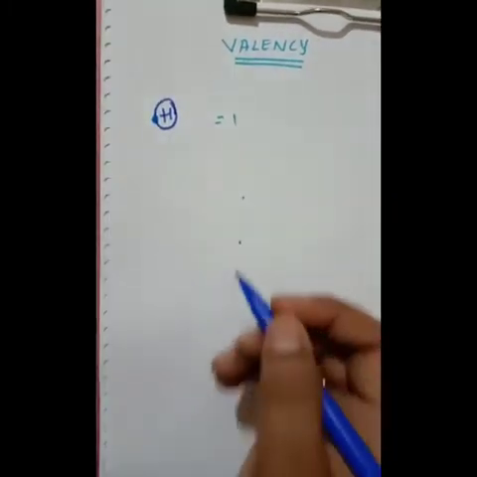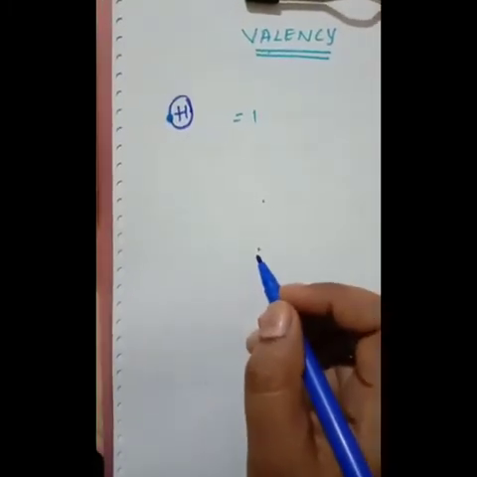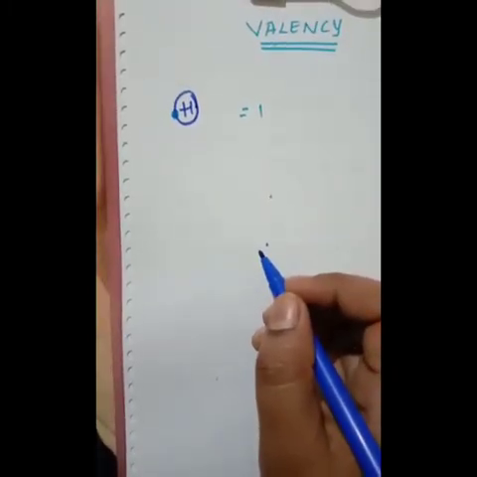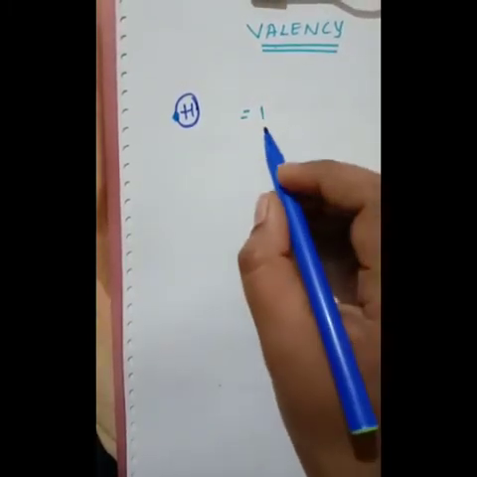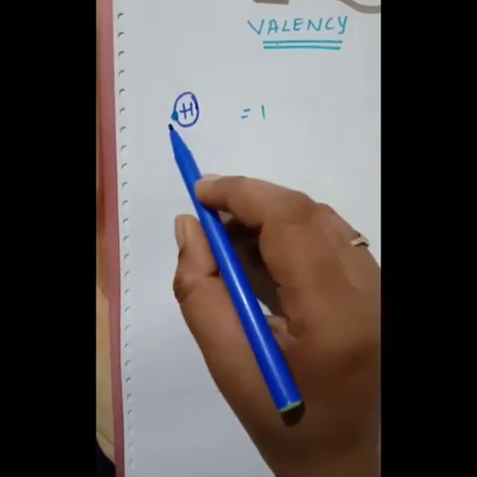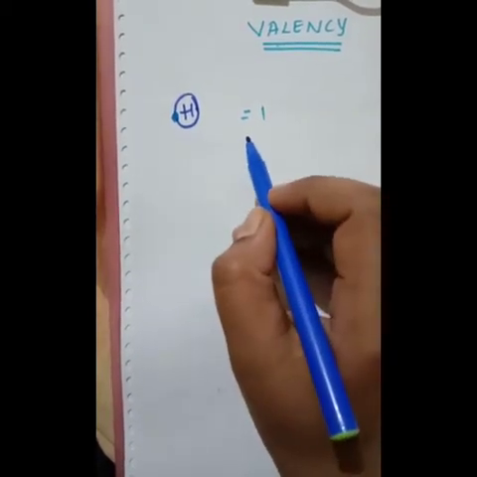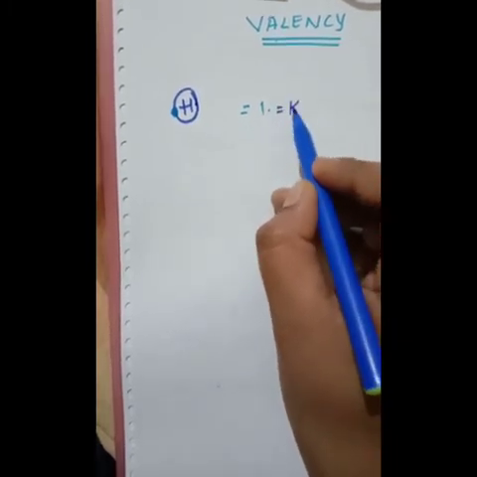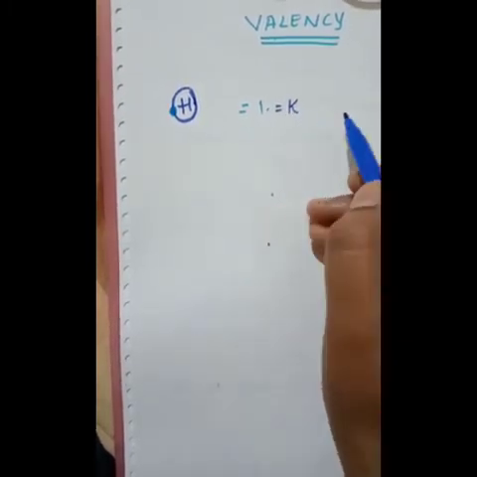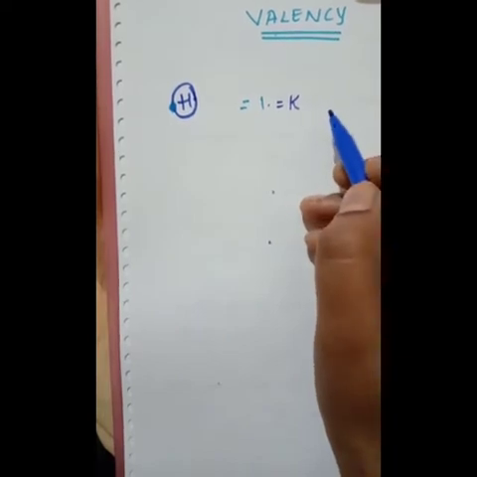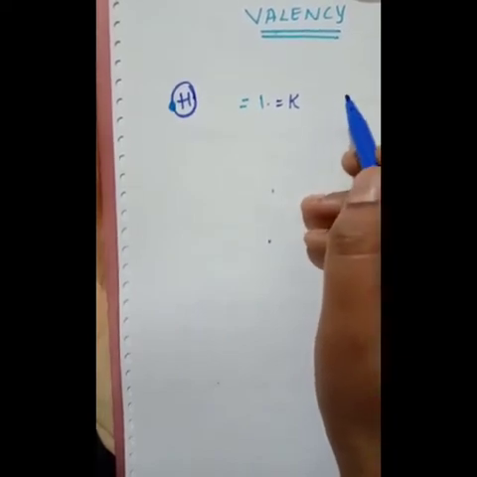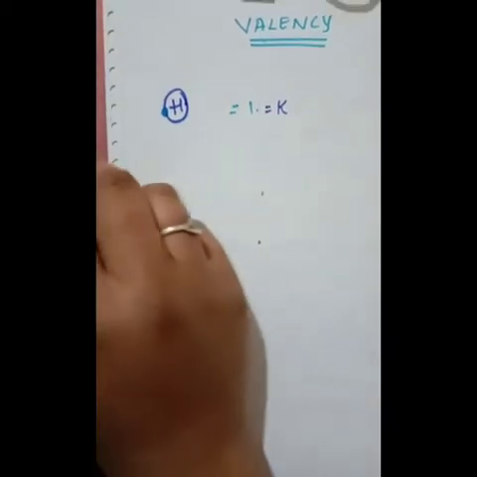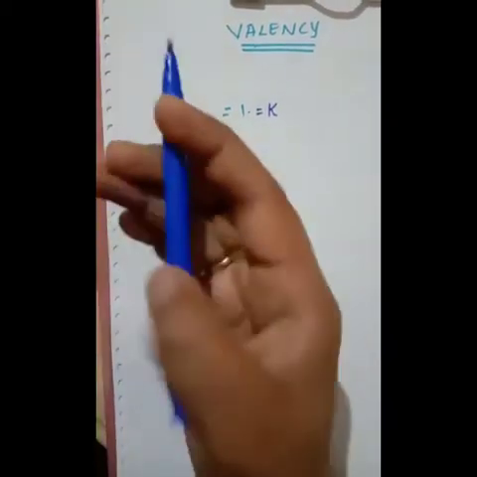So next, if we consider the hydrogen atom, the number of electrons is 1, so it is filled in the K shell. L has nothing, M has nothing, and N has nothing, so its valency is 1. Now we will consider helium.